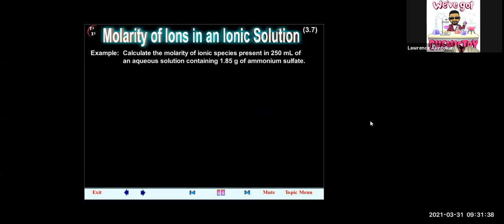Example: calculate the molarity of ionic species present in 250 milliliters of an aqueous solution containing 1.85 grams of ammonium sulfate.